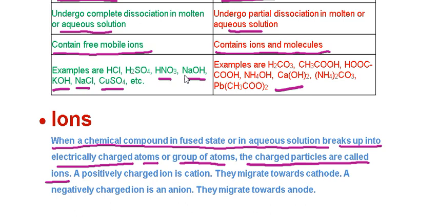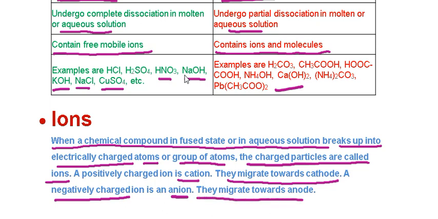A positively charged ion is a cation. They migrate towards the cathode. A negatively charged ion is an anion. They migrate towards the anode.